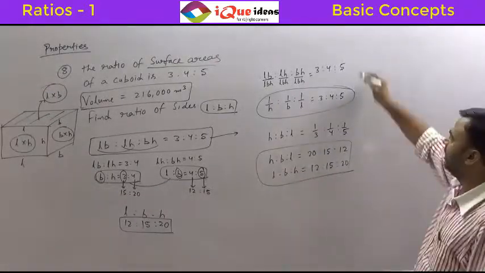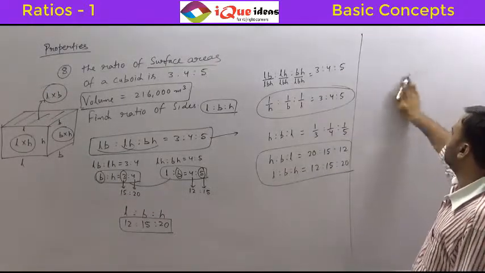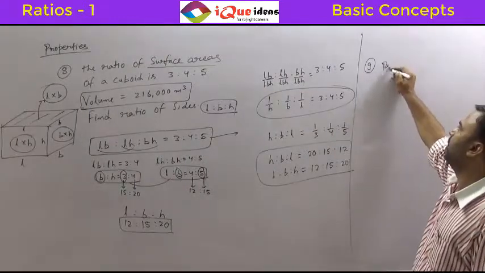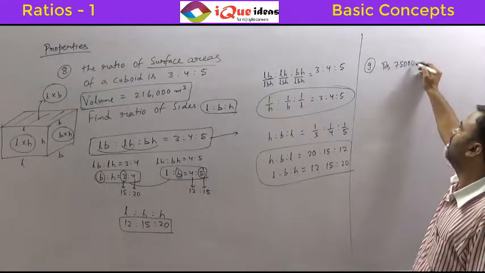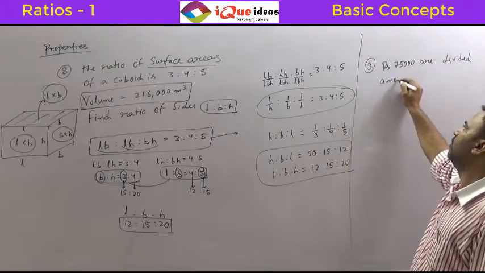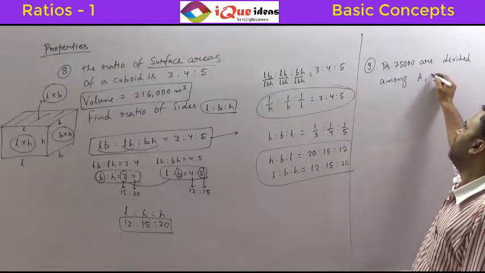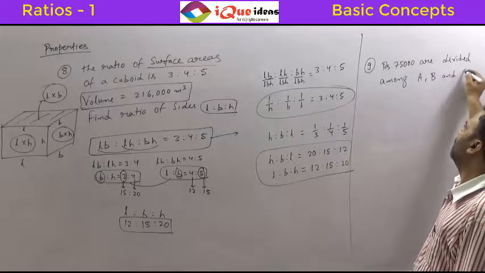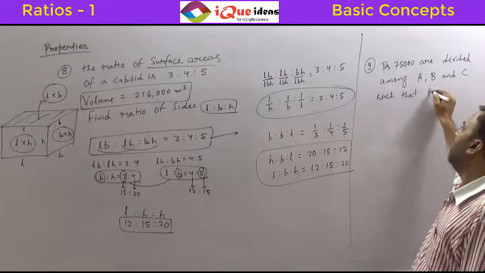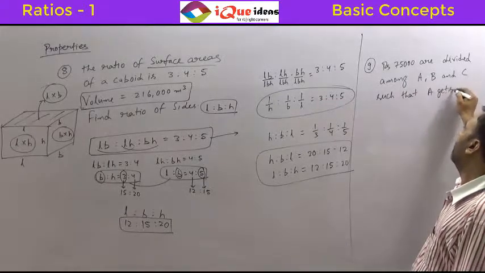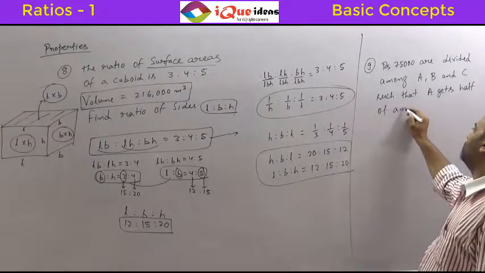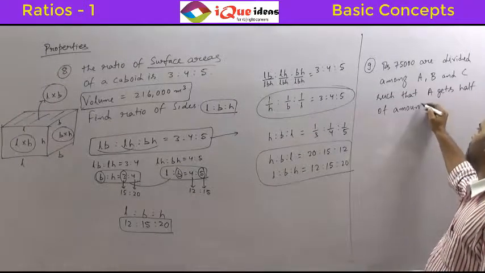Alright. It's a question of actually division. It just came to my mind. Rupees 75,000 are divided among A, B and C such that A gets half of the amounts of B and C together.